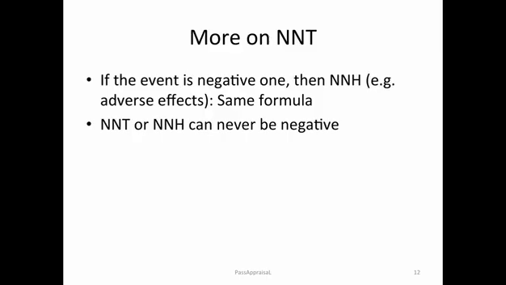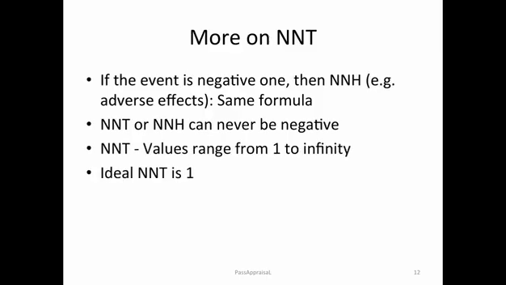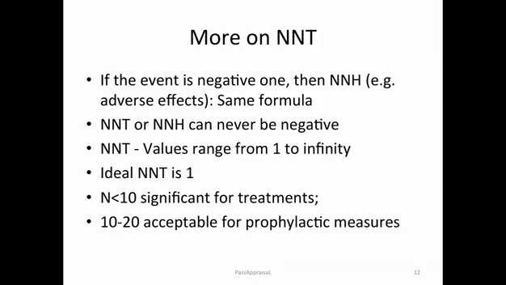The values of NNT range from 1 to infinity. The ideal NNT is 1. This means we need to treat only one patient to get one additional response. In general, NNT less than 10 suggests a significant usefulness of a treatment. NNT of 10 to 20 is acceptable for prophylactic measures, such as vaccination.